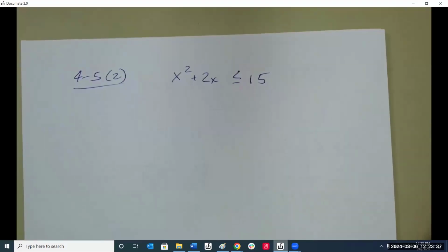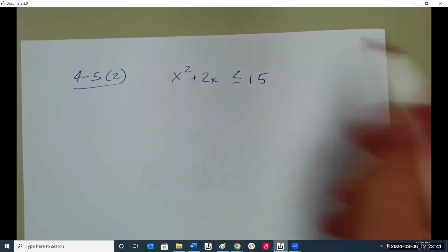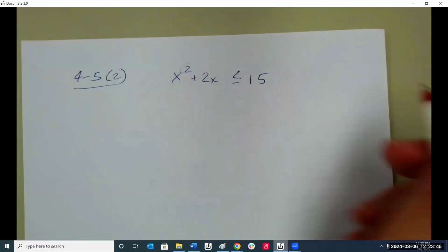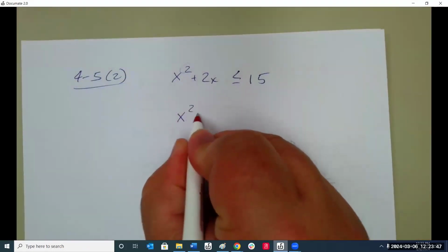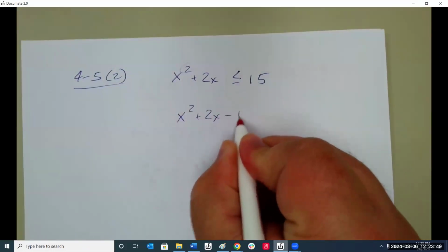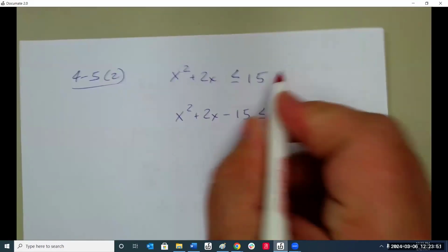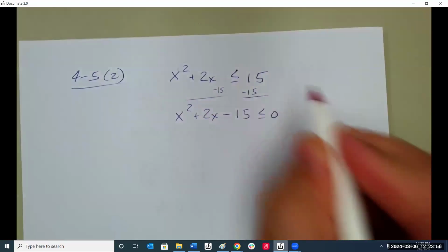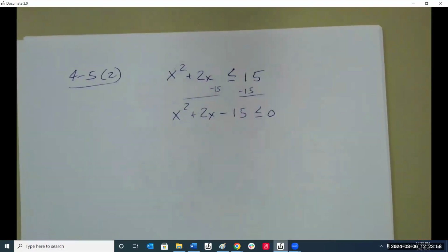First step is what? Because it's quadratic, it has to be equal to 0. So we subtract 15 from both sides, because it has to be equal to 0.